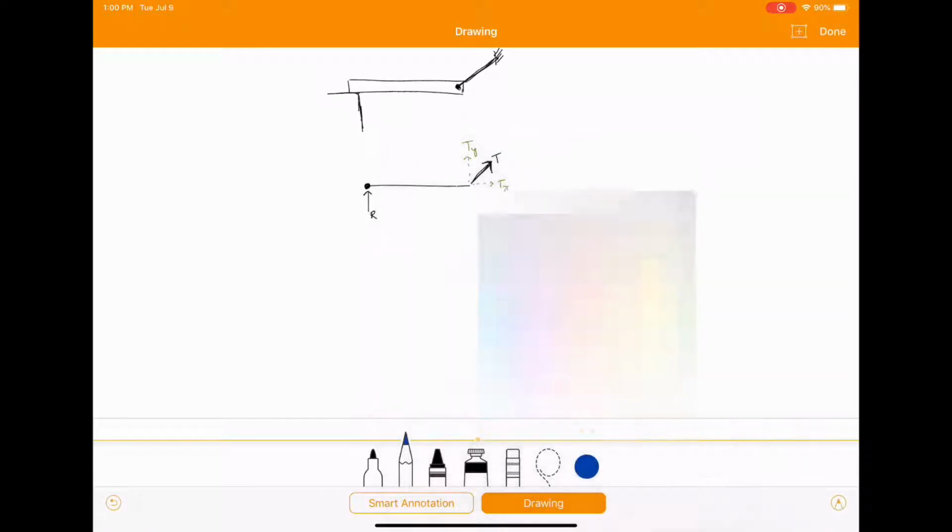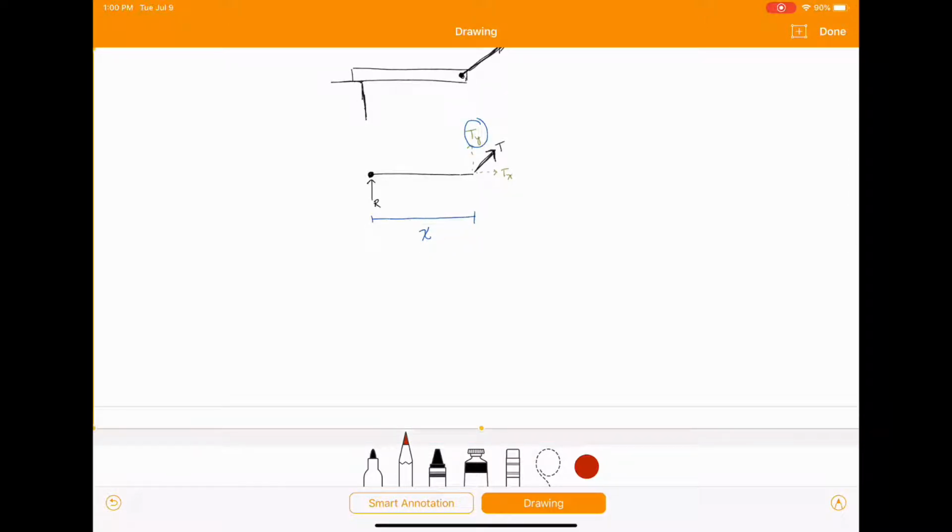And then, once we have that broken down, we can take this perpendicular distance and multiply it by the Y force, and then this perpendicular distance, which actually doesn't exist in this case, and multiply it by the X force.